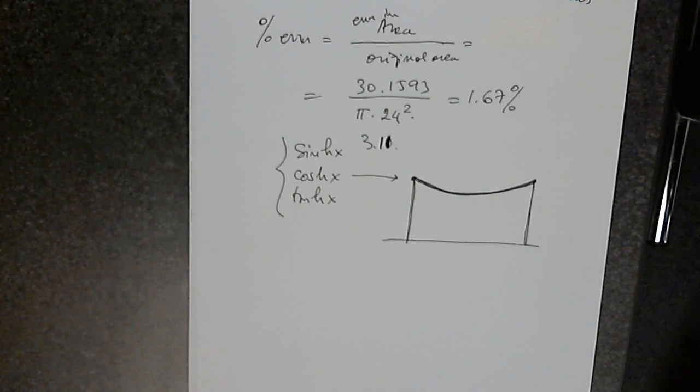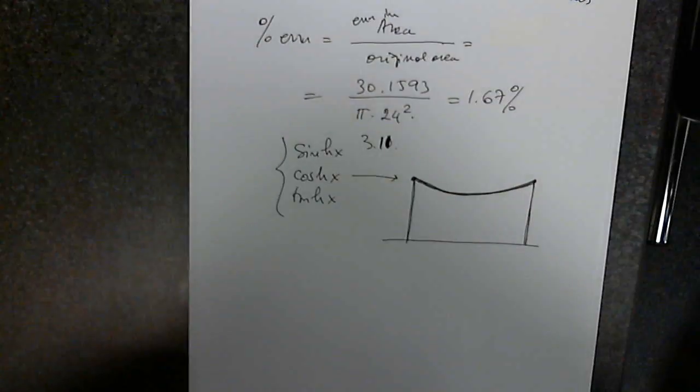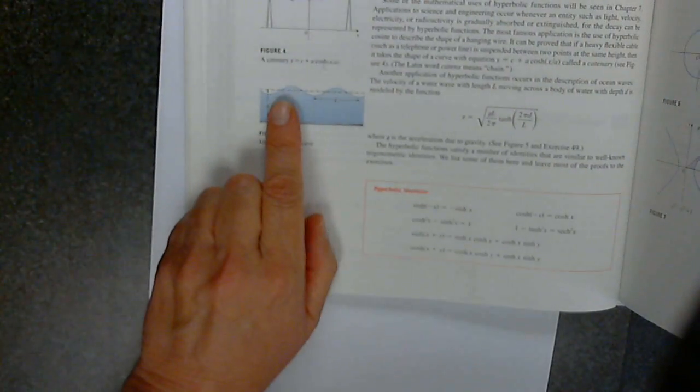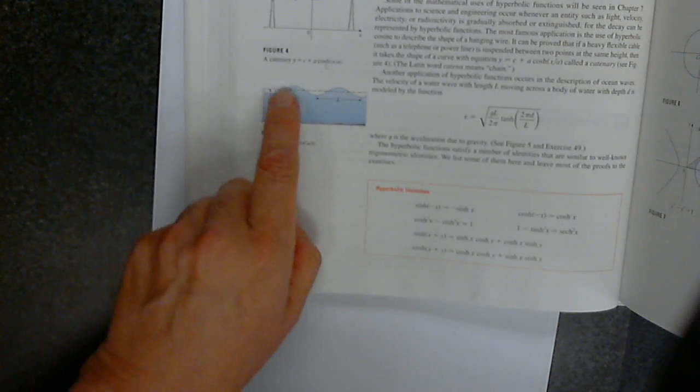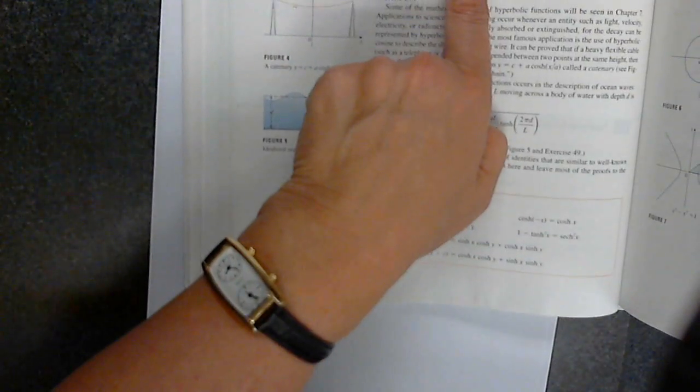I'll explain what they are and how they came up with them, and the graphs. Also, ocean waves follow a hyperbolic cosine function. And this is hyperbolic tangent.